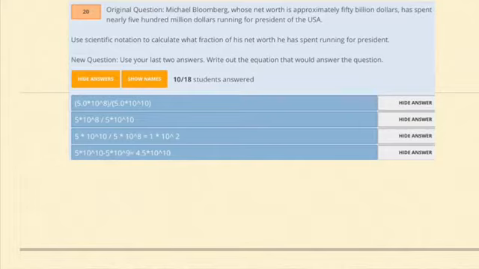The original occasion for the problem is that the news is somewhat astonishing. Michael Bloomberg seems to be burning through huge piles of money, the kind of expenditure that could make any other people obscenely rich.